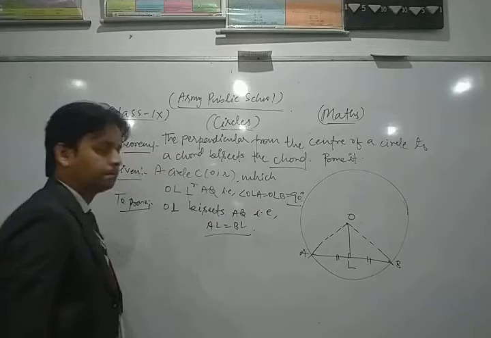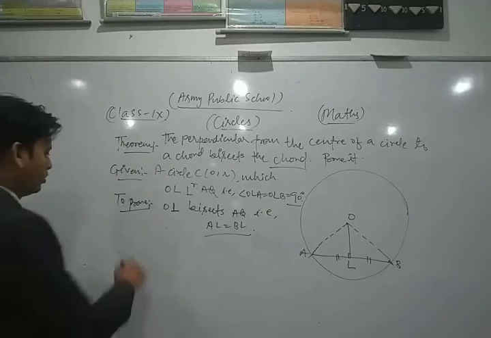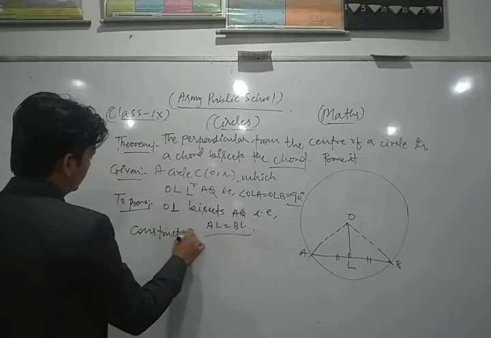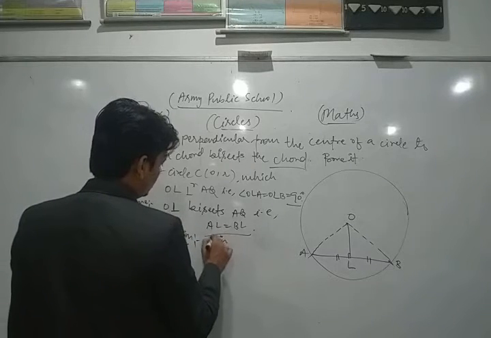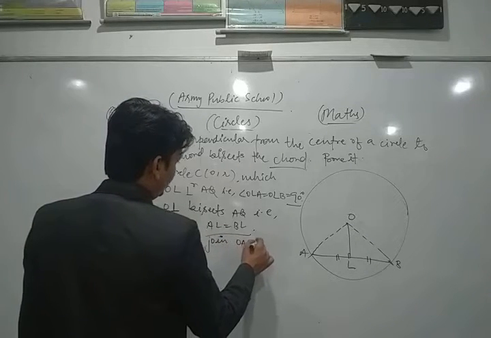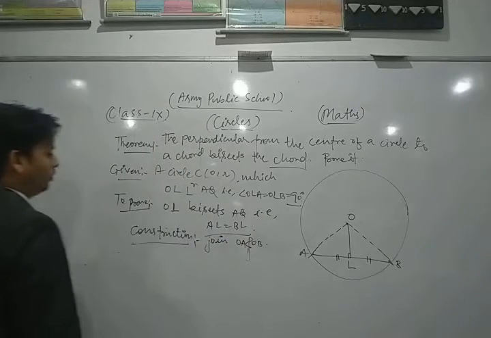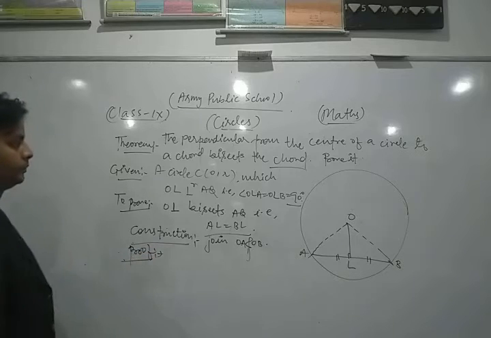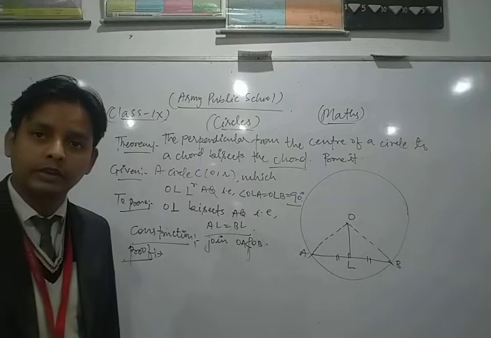We have to show it, and we have to do some construction also. Look, we write construction: join OA and OB. Now we will write its proof. This is the proper sequence for proving any theorem. Okay, you know that very well, students.